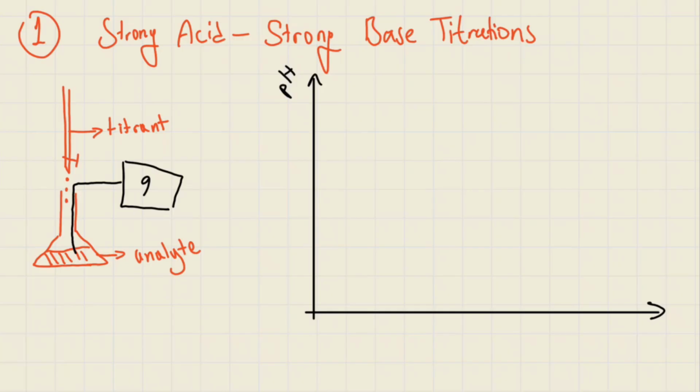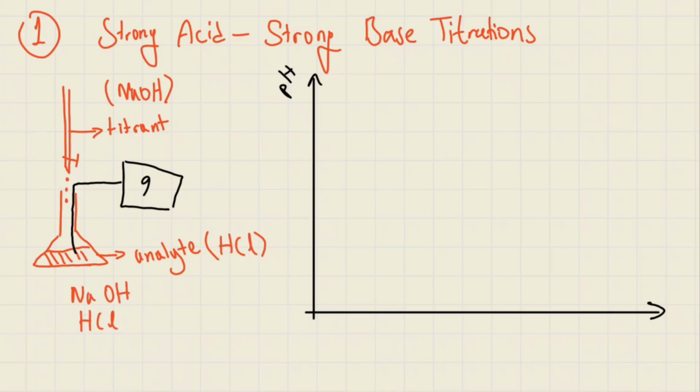For this case, our titrant is sodium hydroxide in the burette, okay, and we have HCl as an analyte. As I mentioned, we know the concentration of both sodium hydroxide and the HCl.